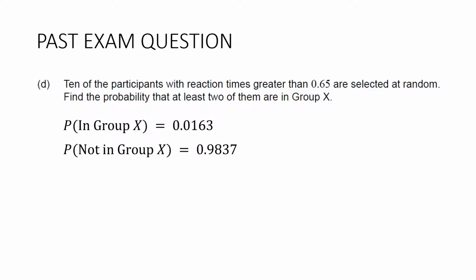The probability that it's not in group X, which we won't use because this is from a calculator paper, is 0.9837. We want the probability that there are at least 2. So we're going to have to do 1, take away the probability that there is either 0 or 1 of them. This bit we're going to put in the calculator.